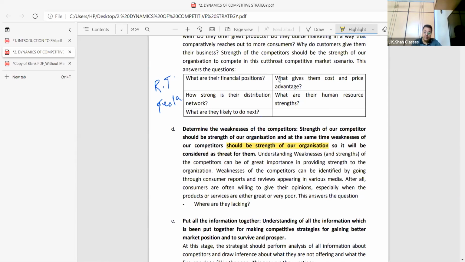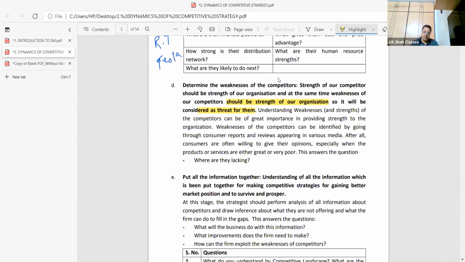So it will be considered as a threat for them. Okay? So beta, his weakness should become a threat so that I will prevail. Understanding weakness and strength of the competitor can be a great strength. Very simple. So it answers the question, where are they lacking?